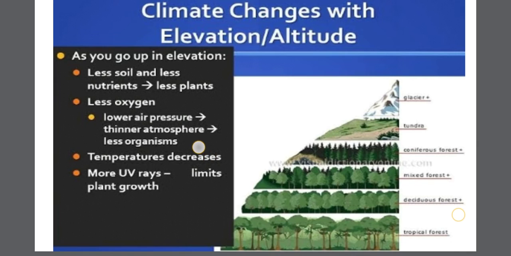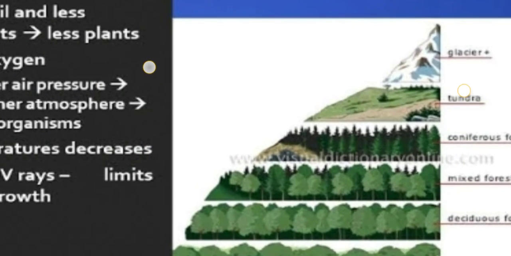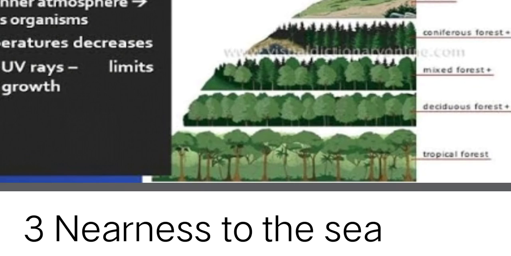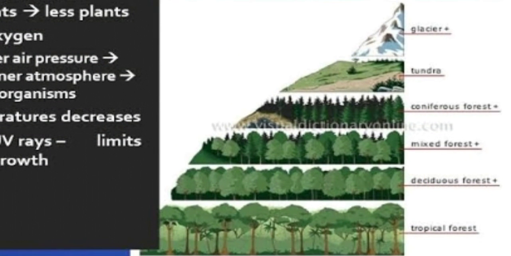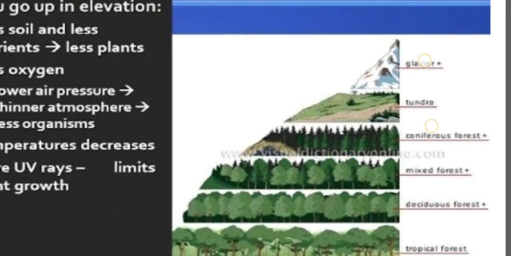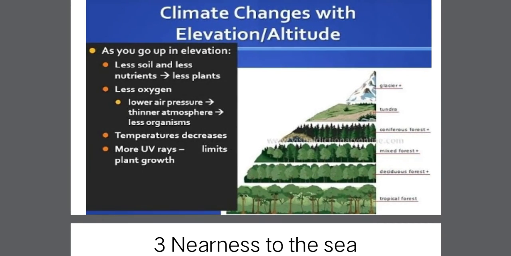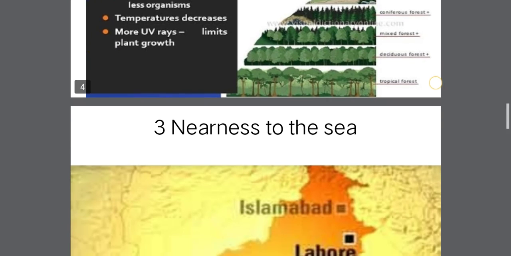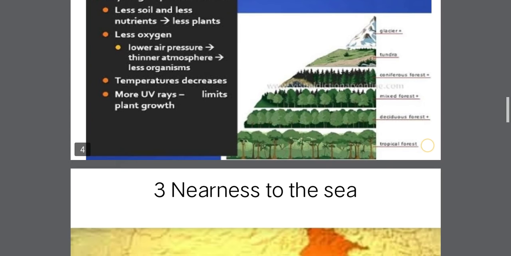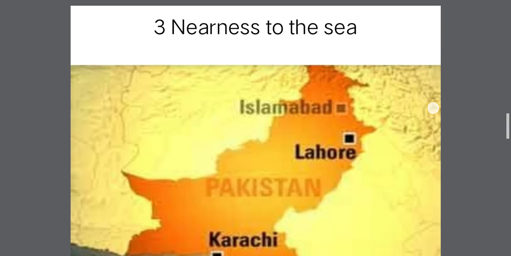This happens all over the world where there are high mountains. Downside, they have round-shaped trees. When you gradually go up in altitude, you will find conical trees. At the tip there is only glacier. So it means there is a difference of climate happening. Altitude is also a factor that affects the climate.